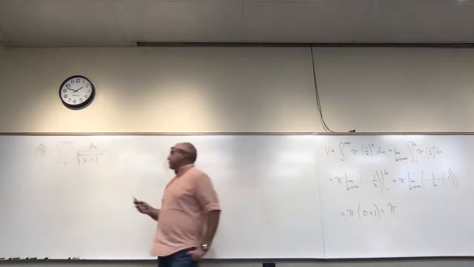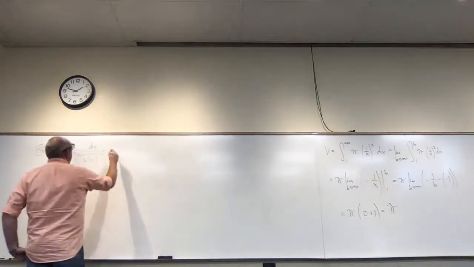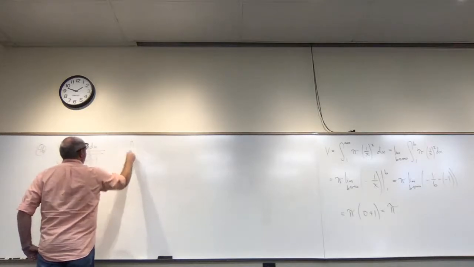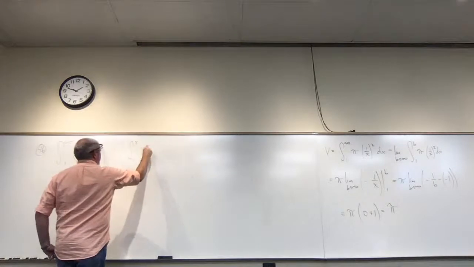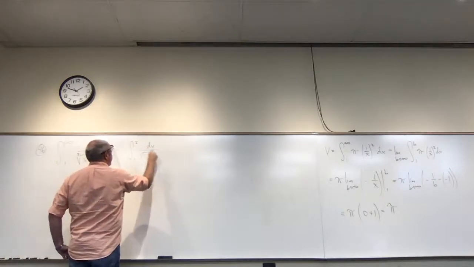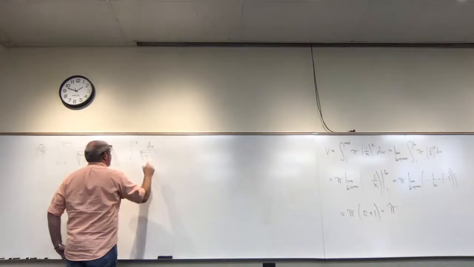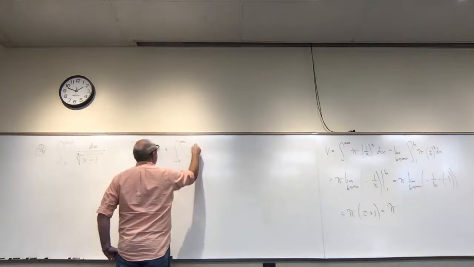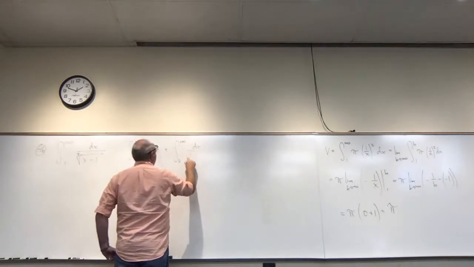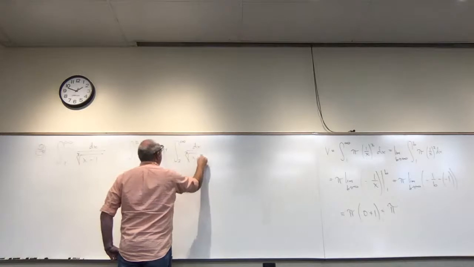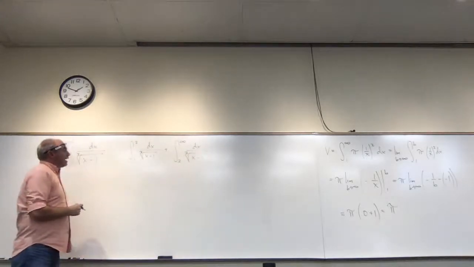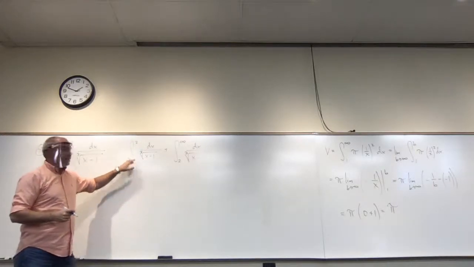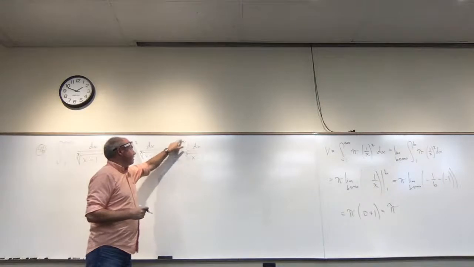So what I would do is choose 2, since it's a nice enough number, and rewrite this as the integral from 1 to 2 of dx over cube root of x minus 1, plus the integral from 2 to infinity of dx over cube root of x minus 1. Now the first one can be written as a limit where we replace the 1, and the second as a limit where we replace the infinity.